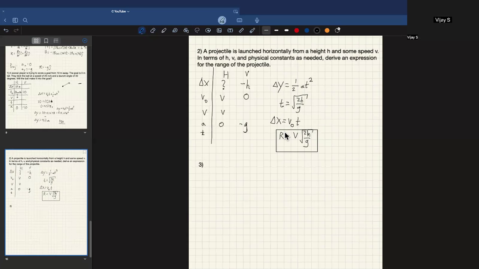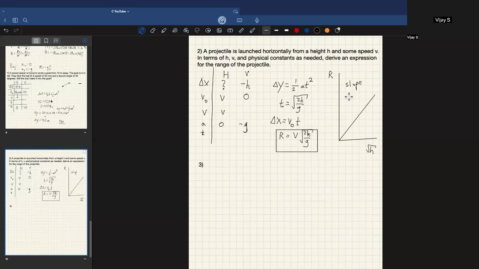And so using these mathematical expressions is very helpful for being able to understand the trend between two different things. As a matter of fact, if I were to take data for a projectile that's launched horizontally, and let's say I wanted to plot a linearized graph for range and height, what I could plot is range and square root of height, and that would give me a straight line with a slope of v times square root of 2 over g.